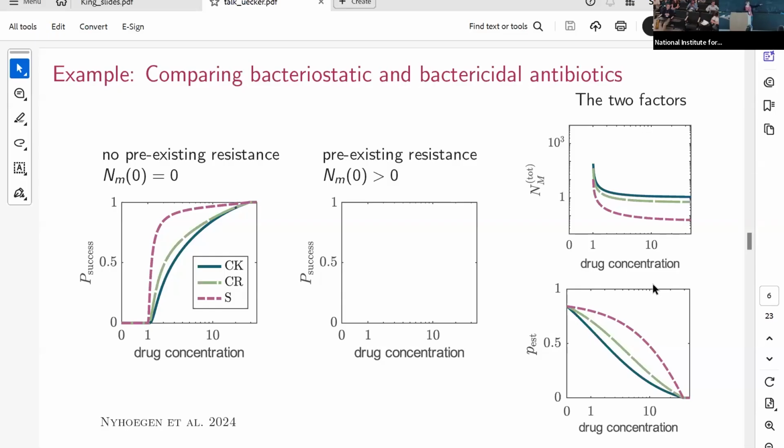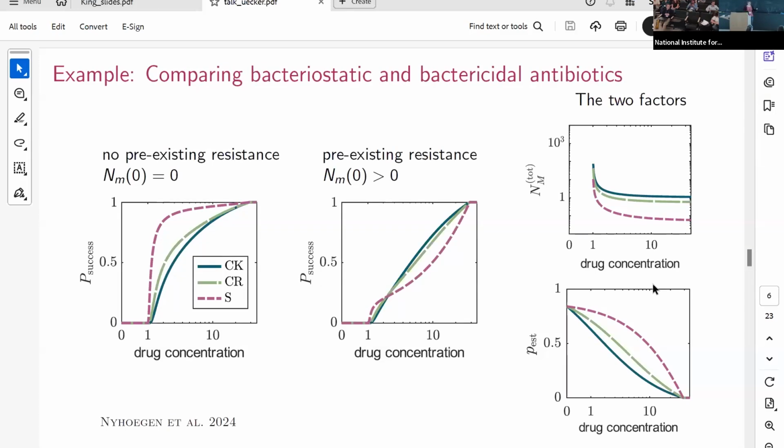Nevertheless, it turns out, if we put it together, that this first factor, the lower number of new mutations, is a dominant one. But if you think about it, you can already figure out what's going to happen when there's pre-existing resistance.